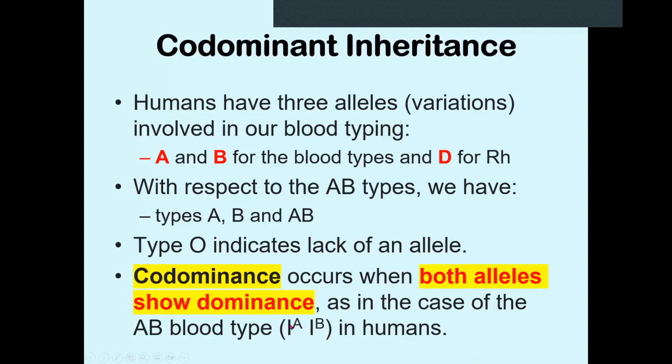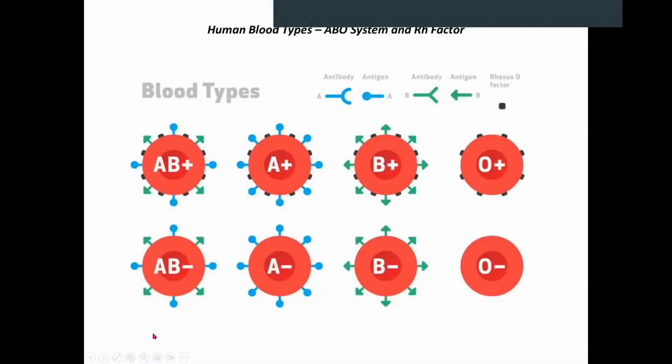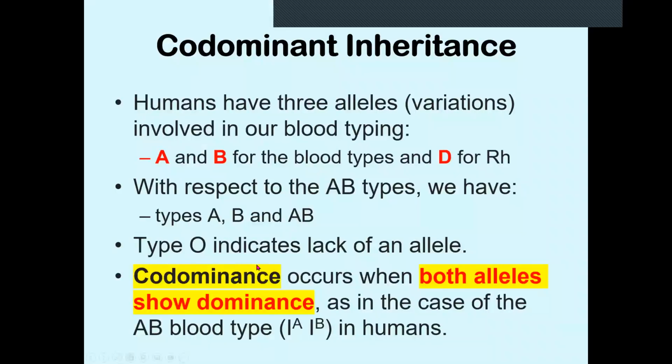For some reason, the capital letter I was chosen, and you would write the other letter on top of the corner of that, so you have IA, IB, and that would be for an AB blood type. The others, of course, for an A, it could be an AA or an AO. Same with the B's and so on.